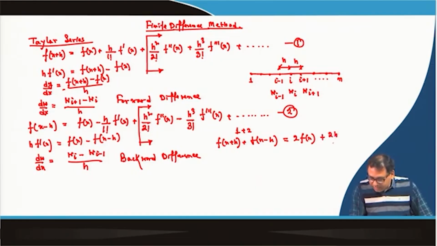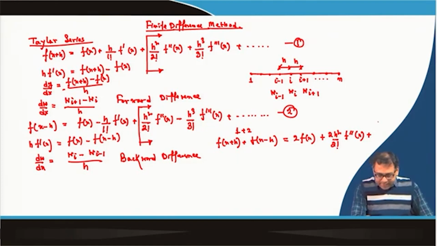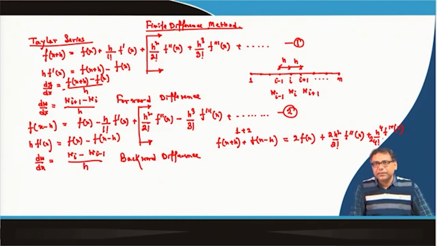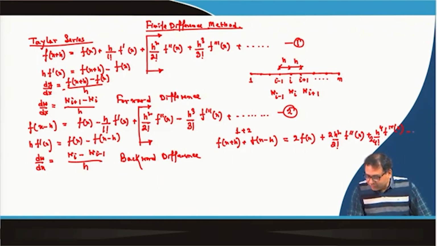2 h square, then f double dash x, then plus, h cube will also cancel. So, there will be h to the power 4 by 4 factorial, and again this will be 2, then f 4 x, and so on.